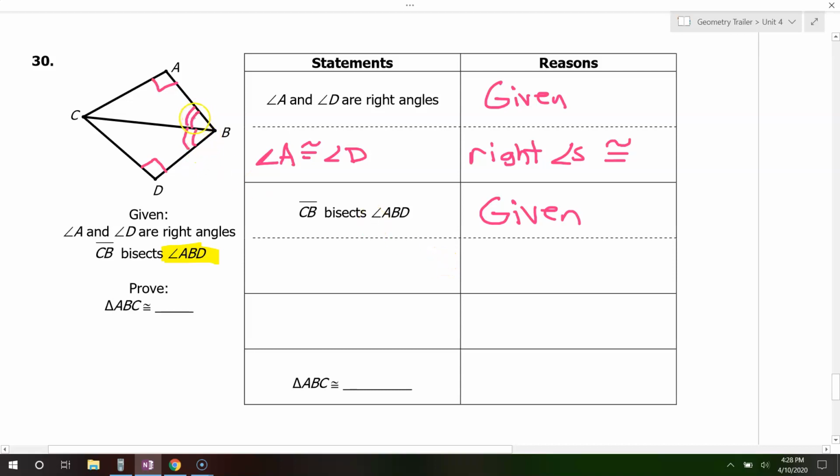So I have to mark that this angle is congruent to this angle. And again, don't say angle B is congruent to angle B. You have to use the three-letter name. So angle ABC is congruent to angle DBC. Now the reason is definition of angle bisector.